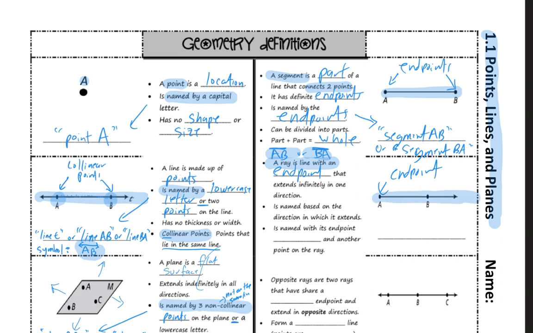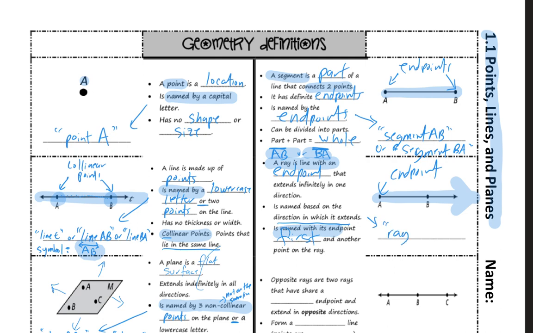Starts there and it keeps going. Okay, so the way we name it is we name by the direction in which it extends. Okay, and it's named with the end point first. Okay, so we're going to put the end point first and then another point that's on the ray.